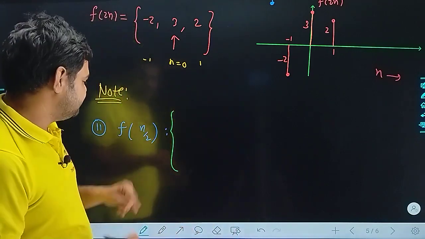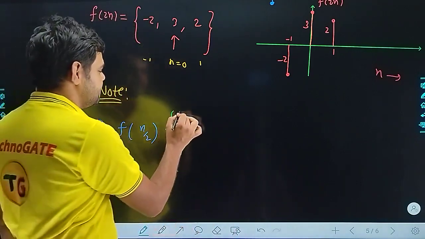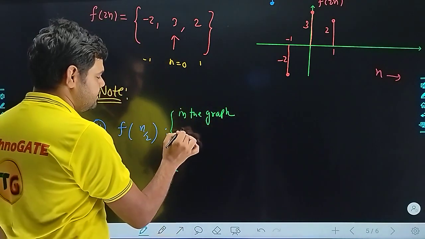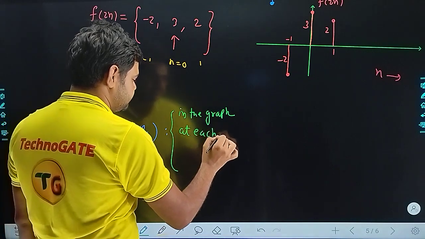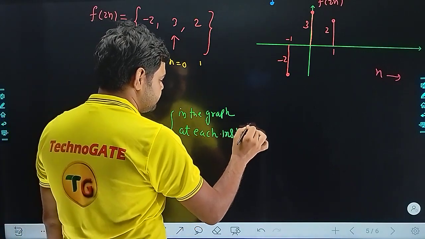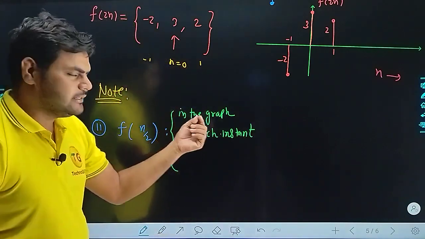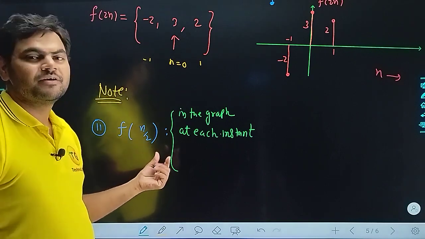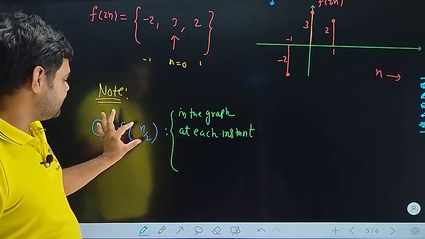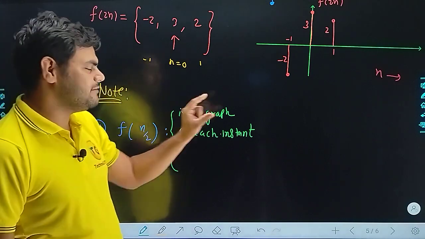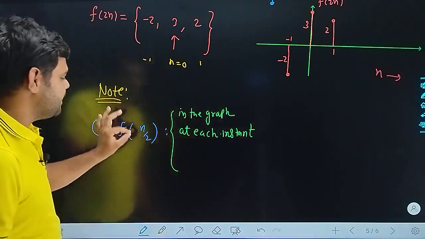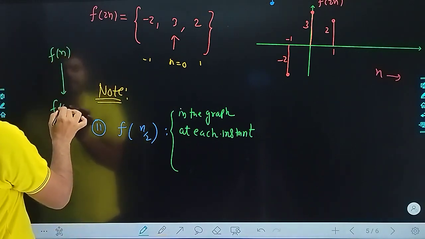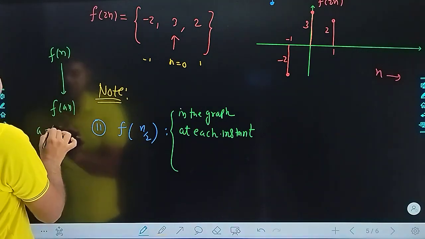In the graph at each instant, here division is getting performed, so we will multiply it by 2, or we can also say divide by 1 by 2, because here scaling factor is f of n becomes f of an, and particularly here a is equal to 1 by 2.